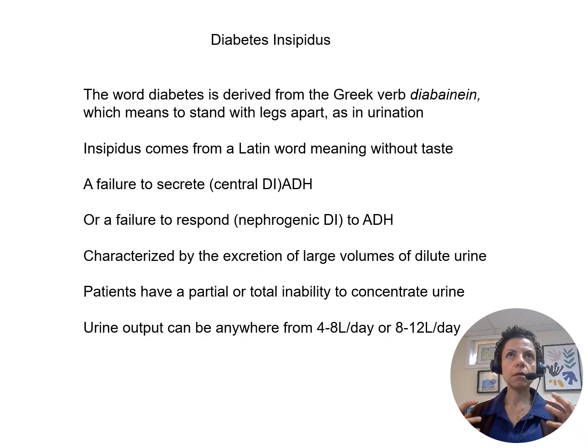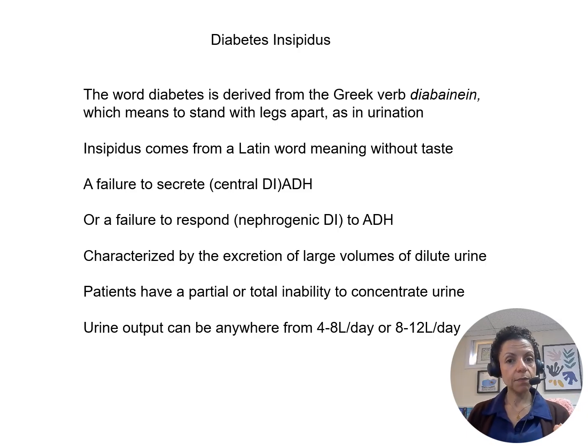And it harkens to this symptom that the Greeks saw with people, that sometimes people had excessive urination. We call that polyuria. Now, we know that in diabetes mellitus, we have polyuria because their blood sugar levels are too high, sugar spills into their urine, and it causes an osmotic diuresis.